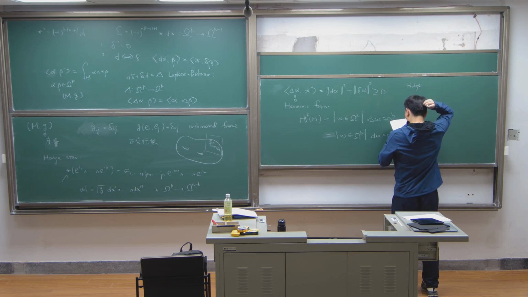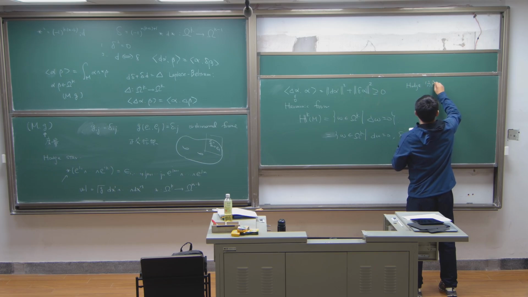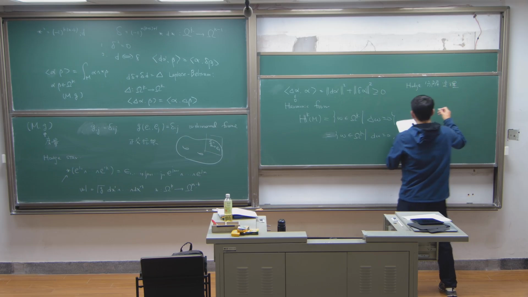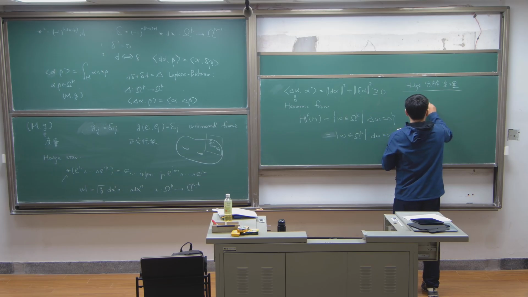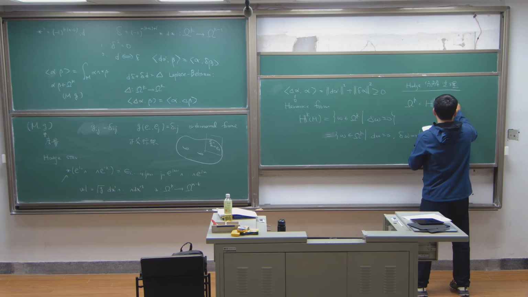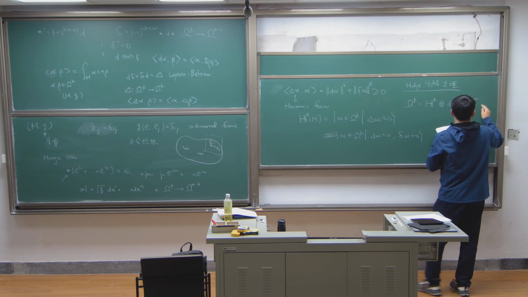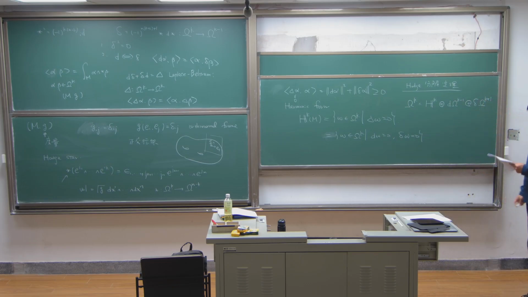分解定理，Hodge decomposition theorem。So omega k is equal to harmonic form plus d omega k minus 1 plus delta omega k plus 1, like this.